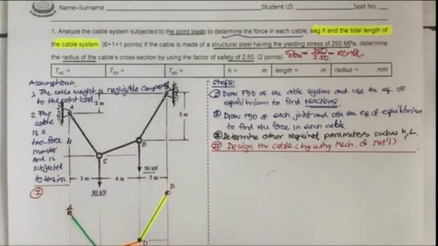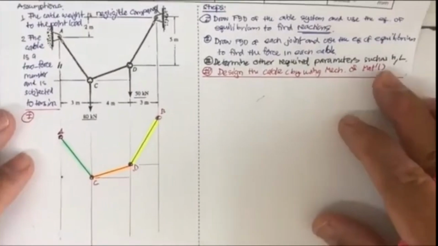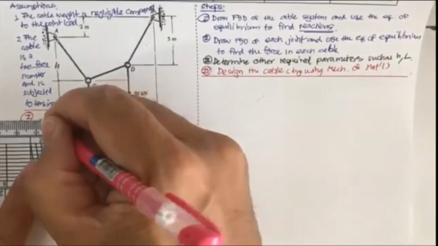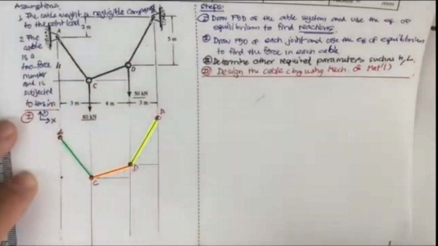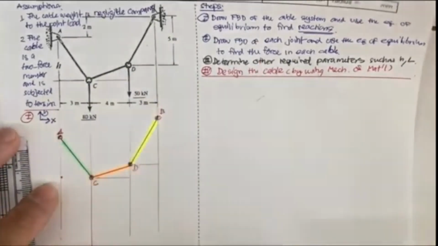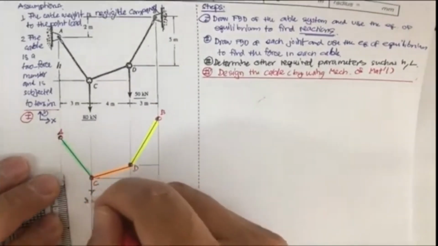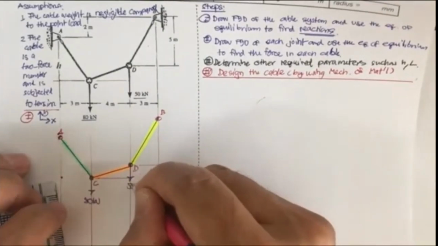And then don't forget to make the reference axes X and Y, since we're going to use the equations of equilibrium to determine the forces in the cable. After you copy the cable system, put the forces: this is going to be 80 kilonewton, and this is 50 kilonewton.